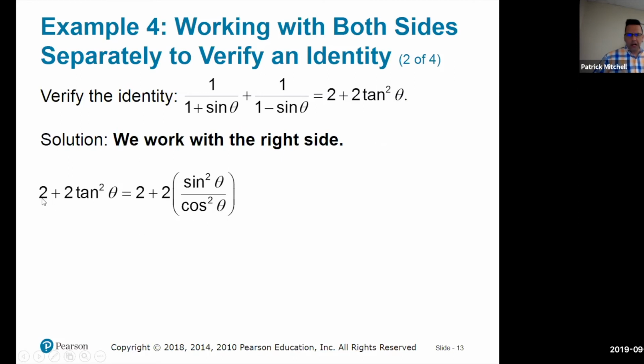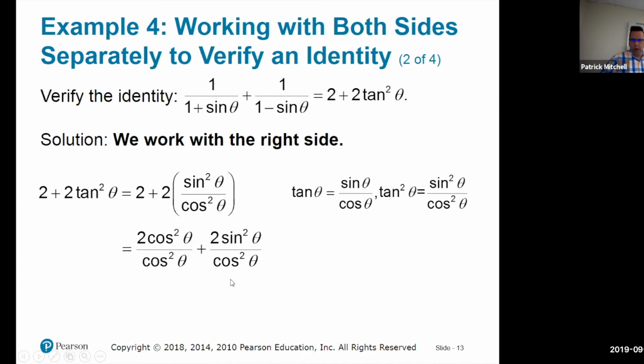They took 2 plus 2 tangent squared theta, and they used a quotient identity to turn tangent squared theta into sine squared theta over cosine squared theta. All right, and then let's see. It looks like they got a common denominator. So let's work this out.